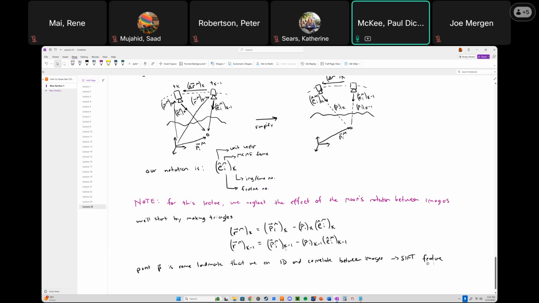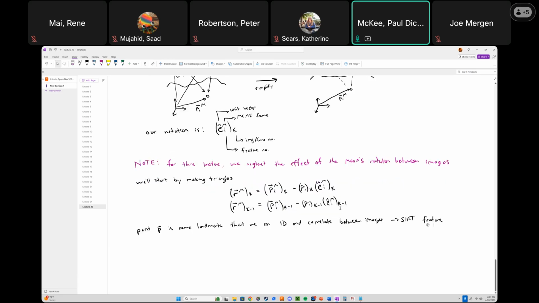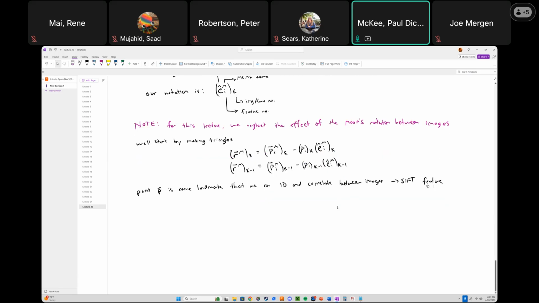So in the equations to follow, because P_i^m at k and P_i^m at k minus 1 are the same, we can actually subtract it out. We never need to look up the real 3D location of any of our SIFT features. We just know that feature looks like it moved this much. I know it didn't really. Okay, here's how much I moved. That's basically the idea.